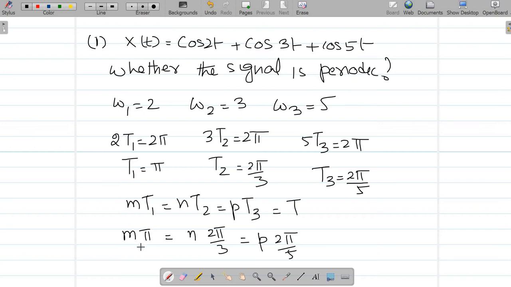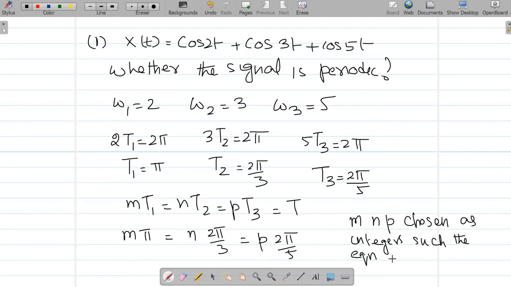I have to choose m, n and p appropriately. These should be chosen as integers, such that the equation that is mentioned is satisfied.